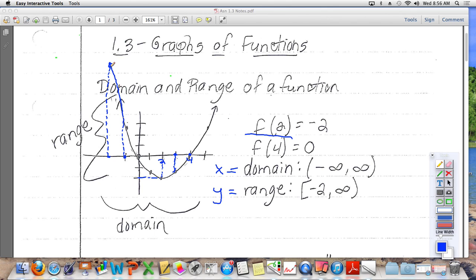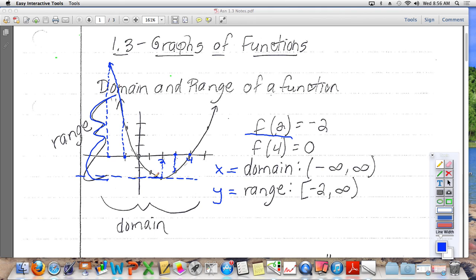All right, the range. The range is all the y values that we get out of this. Well, the range means the y direction as I marked over here. So the parabola never hits any y value below -2. So that means that our parabola always sits at -2 or it sits above -2.